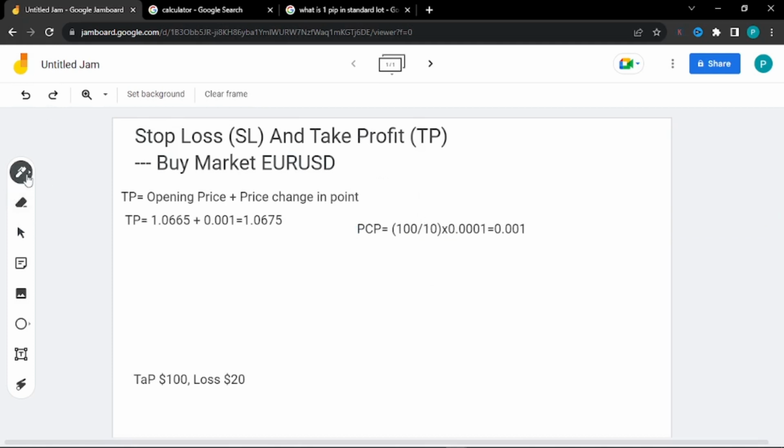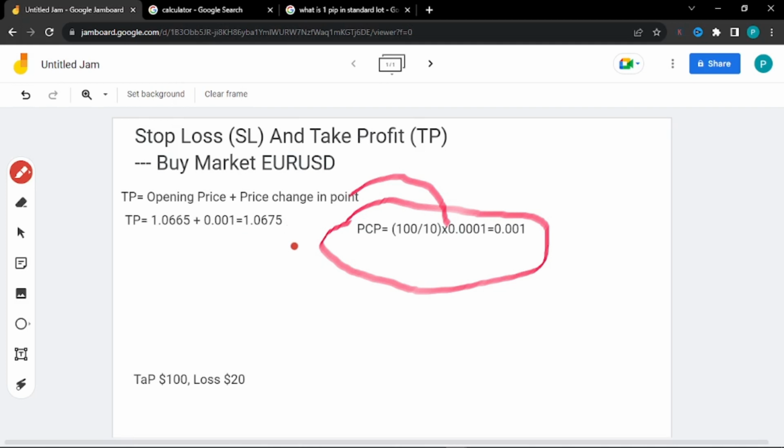Let me use a clearer pen color and make it bold. So your price change in profit, this is the formula you use to calculate it. And then your take profit, this is the formula you actually use. This way you're going to place your trade profit if you want to make $100 using a standard lot size. And then now you need to calculate your stop loss as well.